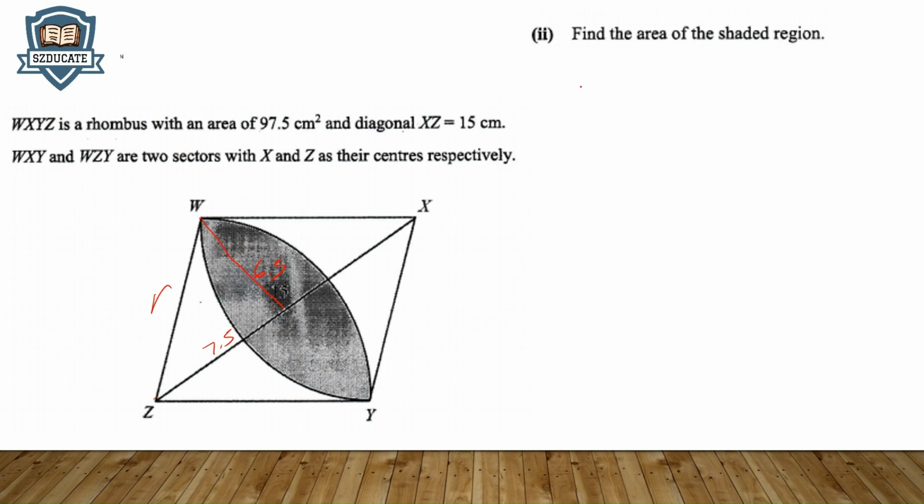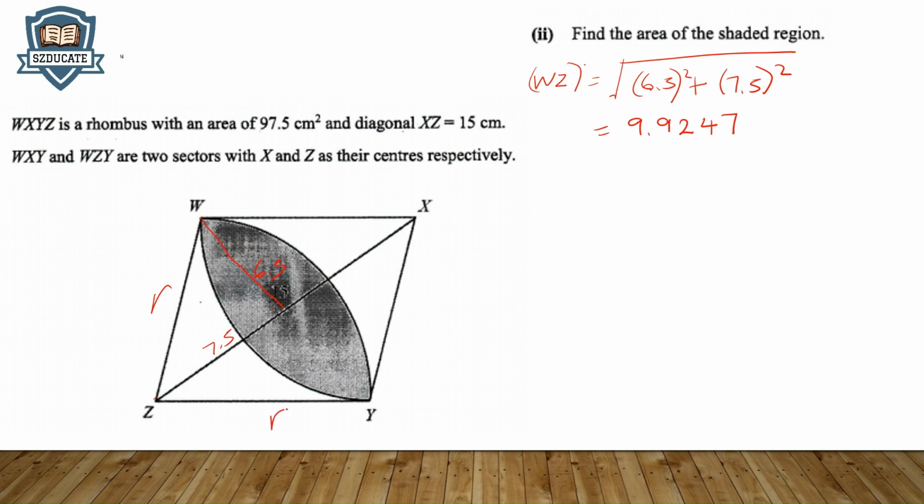WZ, using Pythagoras theorem, WZ is equal to the square root of 6.5 squared plus 7.5 squared. Press your calculator and you will get 9.9247. That's the radius WZ.